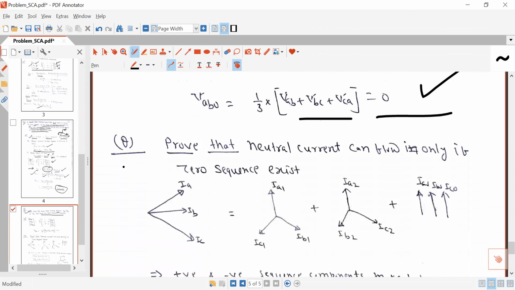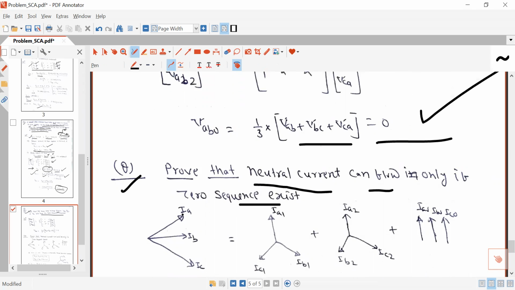And finally, I am going to discuss one more important problem. Prove that neutral current can flow only in zero sequence when a zero sequence component exists. Otherwise, neutral current will not flow. Means for the neutral current, the zero sequence component of current is essential.